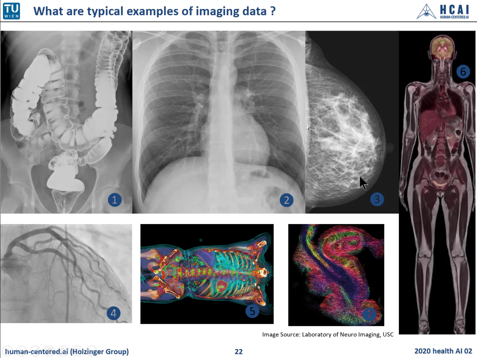And then figure 3, you have normal breast tissue as it appears on a mammogram, digital mammography. This is also known as full-field digital mammography, FFDM. This uses electronic detectors that convert X-rays into electrical signals, and the images of the breast can then be viewed on a computer screen.